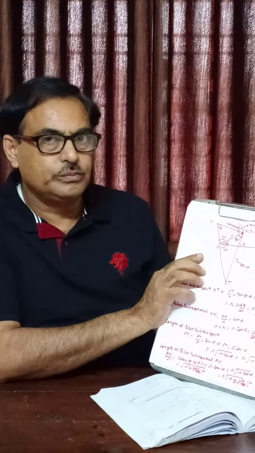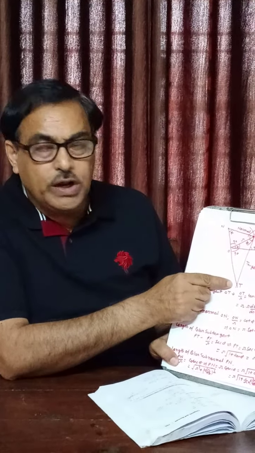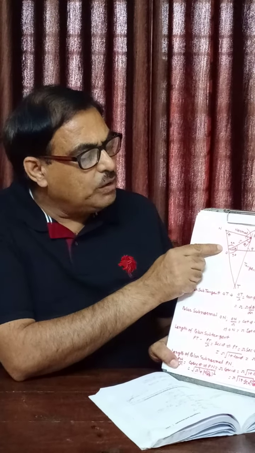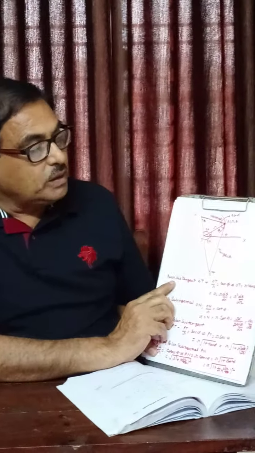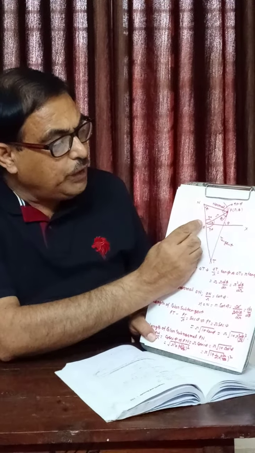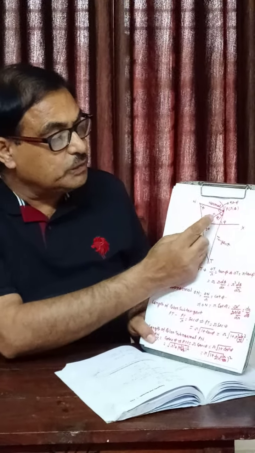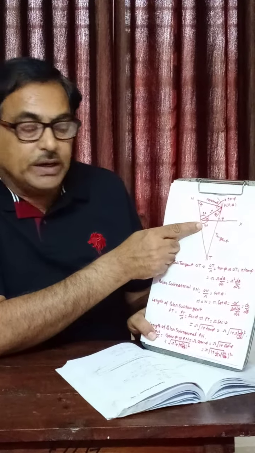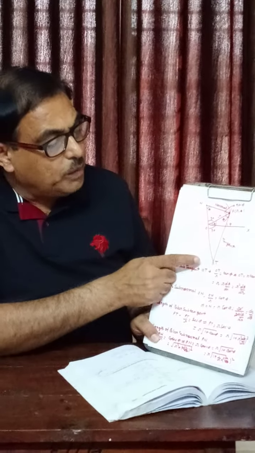Clear? The line segment OT is the polar subtangent. The line segment ON is the polar subnormal. And angle PON is 90, or in other words angle POT is 90. So these are right angles, so PON and POT are right angle triangles.